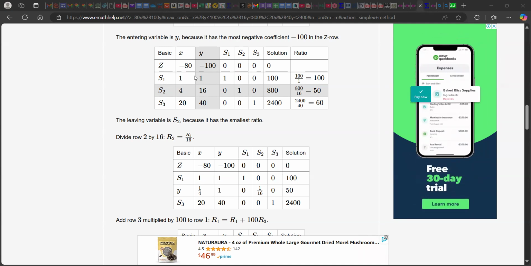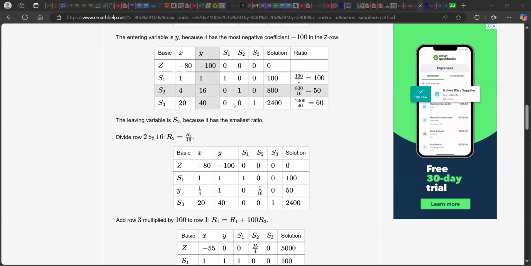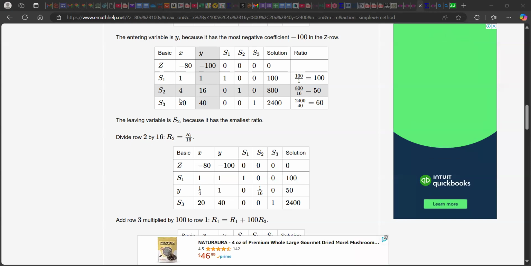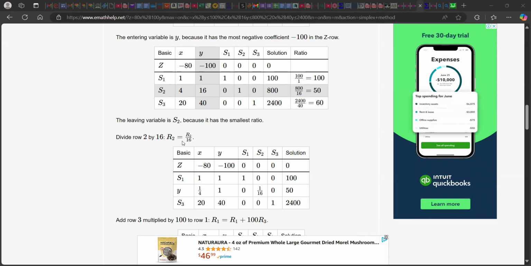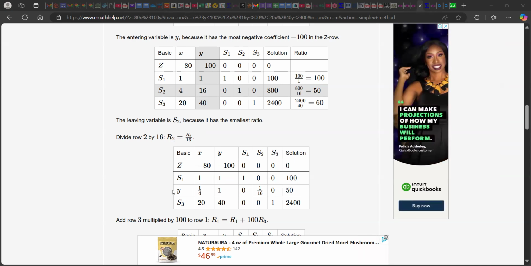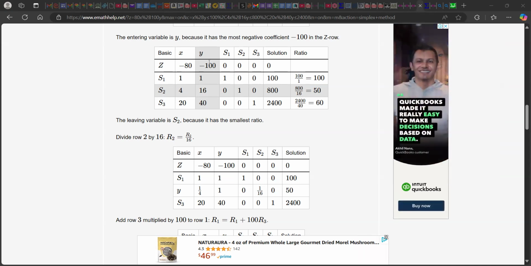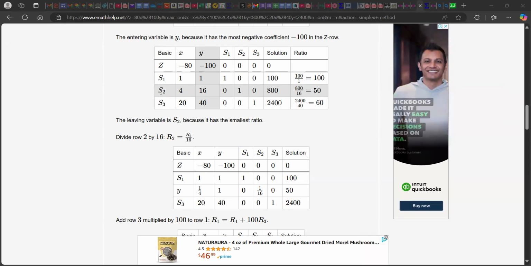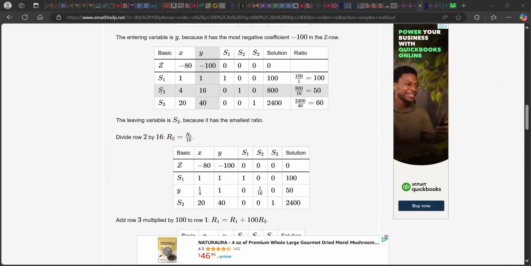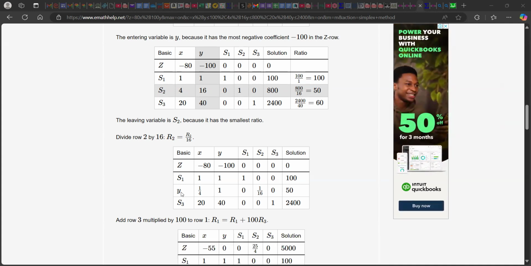Sometimes they might refer to this as row 1, row 2, and this is row 3 instead, but you will catch on to which row they're talking about. So we took this row and divided by 16. That's really a row operation, and that's how you get this row here. Divide everything by 16. Notice we bring down that Y and you replace S2. S2 is what they call the leaving variable, and it's replaced by Y.